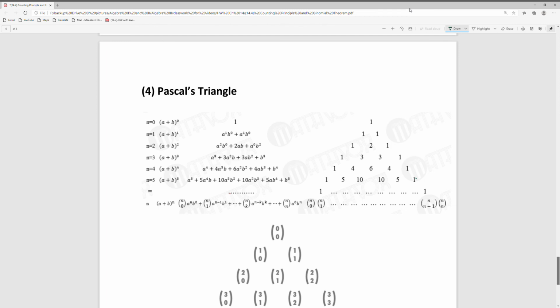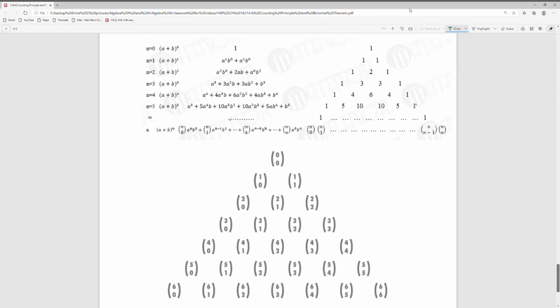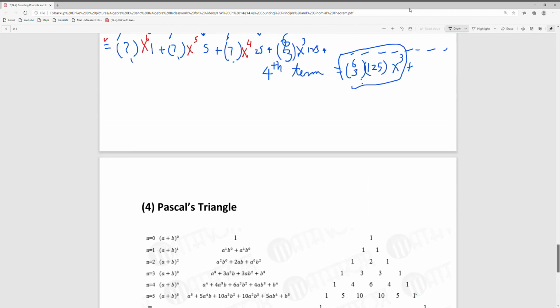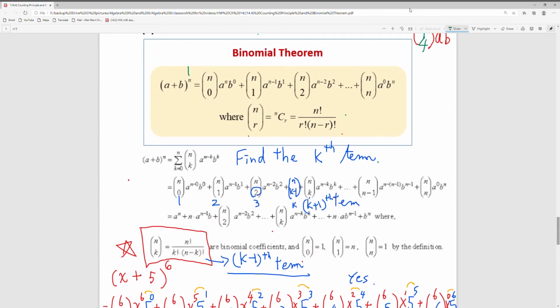Now, before I keep going, I want to show you the coefficients. Remember, we talked about the coefficient being the choices. Again, I need to go back. The coefficient is all the choices combination.